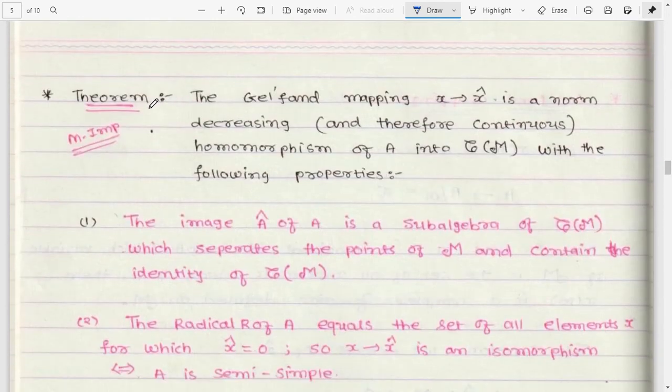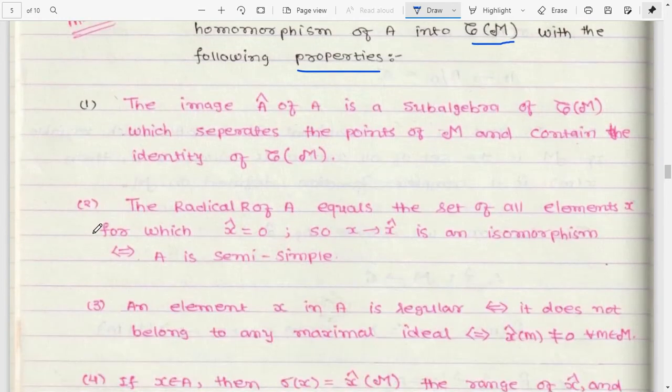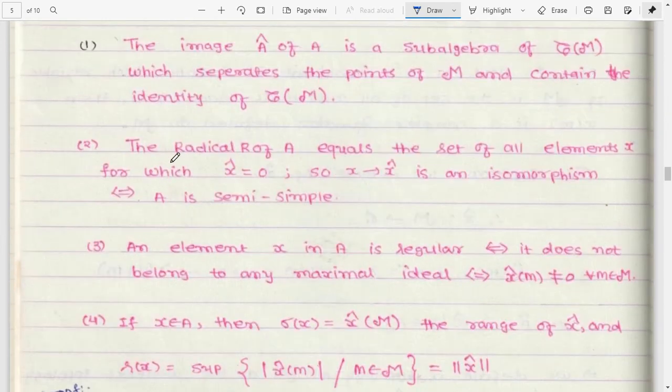Now the next theorem. The Gelfand mapping x to x cap is a norm decreasing homomorphism of A into script C of script M with the following properties. Here we have to prove these four properties.